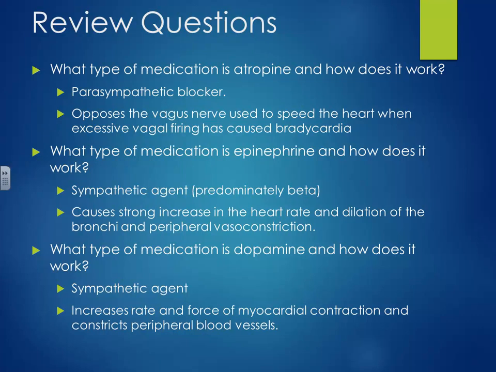Epinephrine. Epinephrine is naturally released by what? The sympathetic nervous system. Yeah. It is a sympathomimetic, or a sympathetic agent. And it acts predominantly on the beta receptor side.